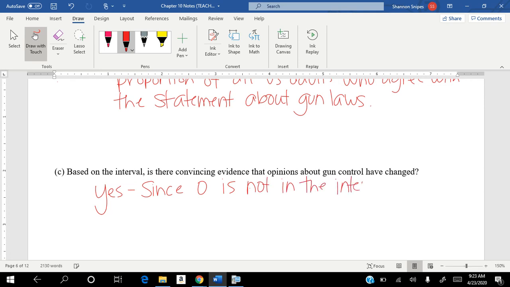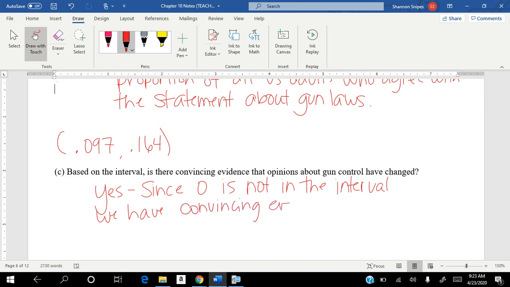So if you'll remember, your interval was 0.097 to 0.164. So since 0 is not in that interval, we have convincing evidence that opinions have changed.